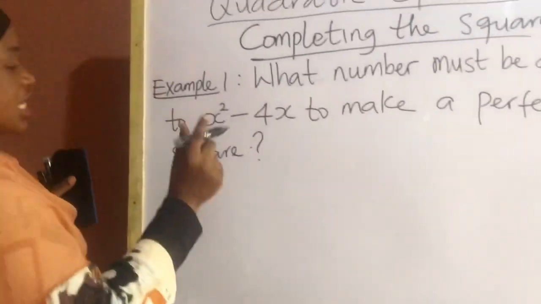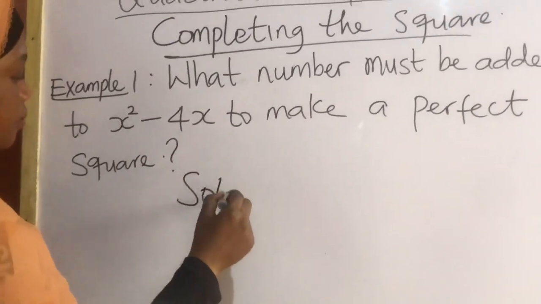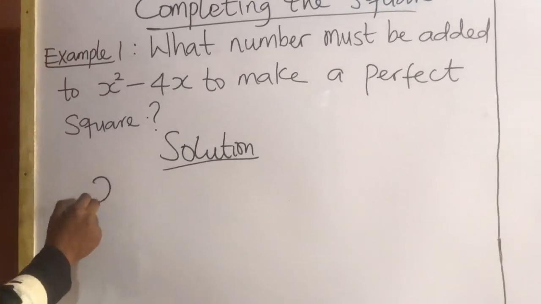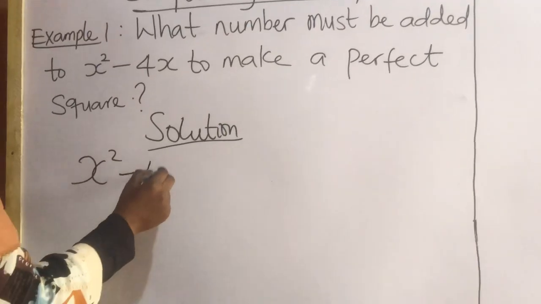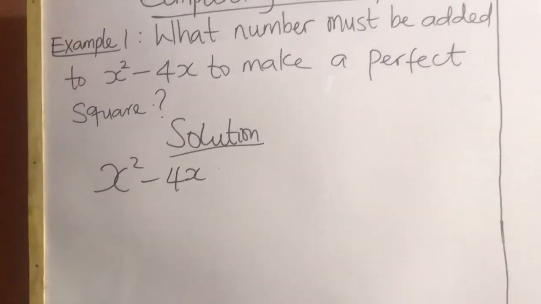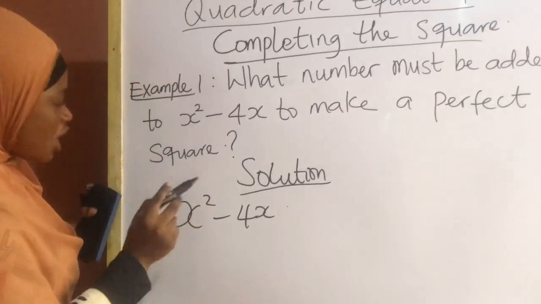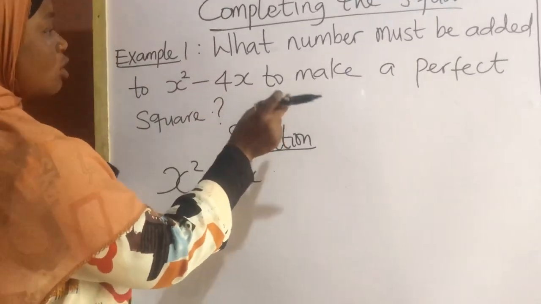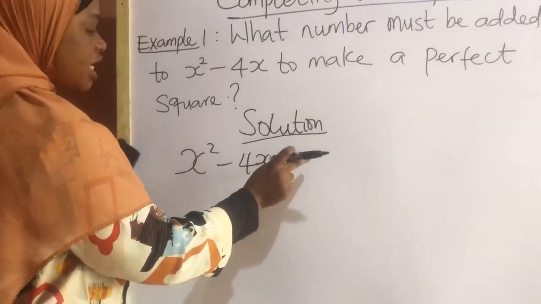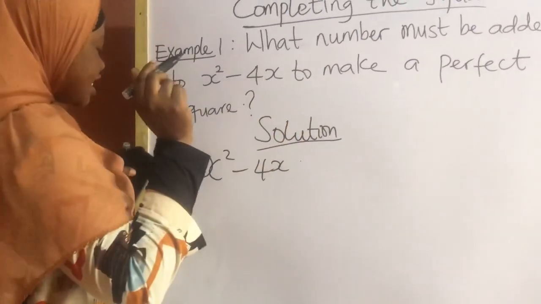Now, you can see the solution. You can see that x squared minus 4x is not a perfect square, so we want to make it a perfect square. The next thing is that we have to represent the number that we must add to it to make it a perfect square with any alphabet.